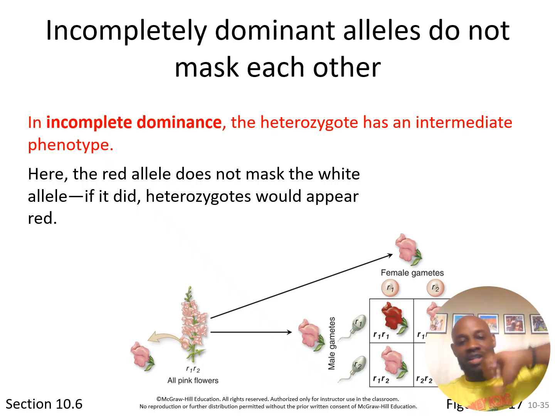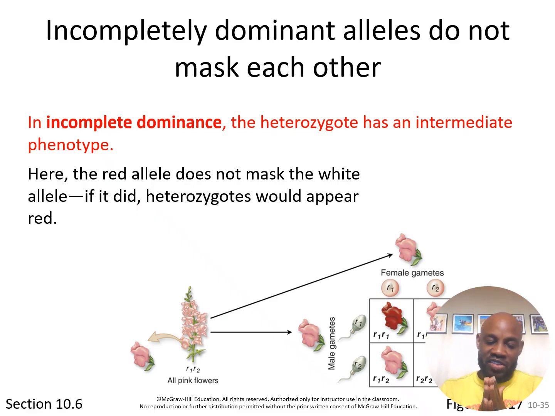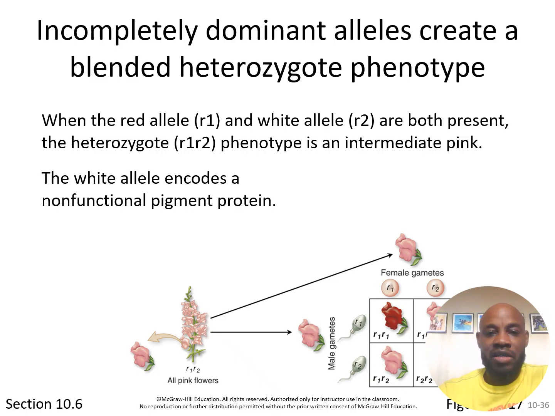One gene codes for red, one codes for white, and some of the offspring come out pink, in between. Incomplete dominance creates a blended heterozygote phenotype. So in this case, red allele R1 and white allele R2 are both present, and the R1R2 phenotype is this intermediate pink.